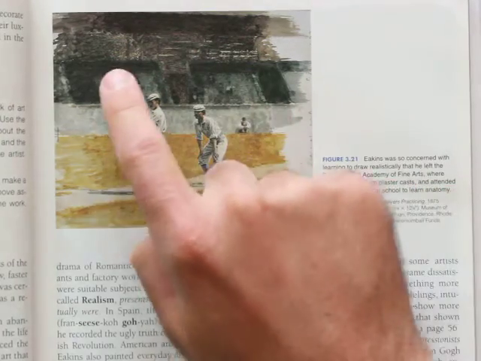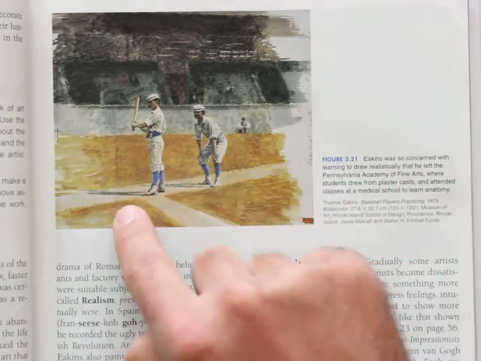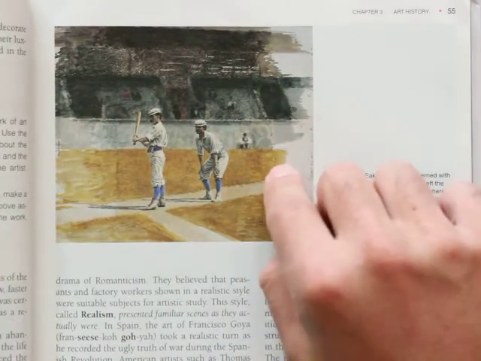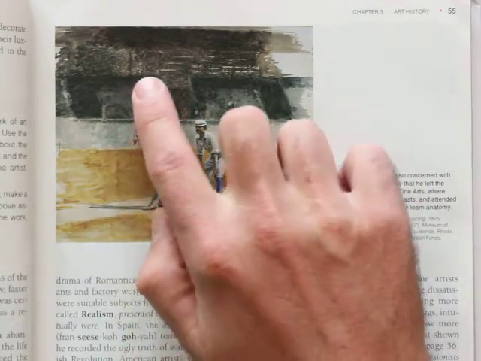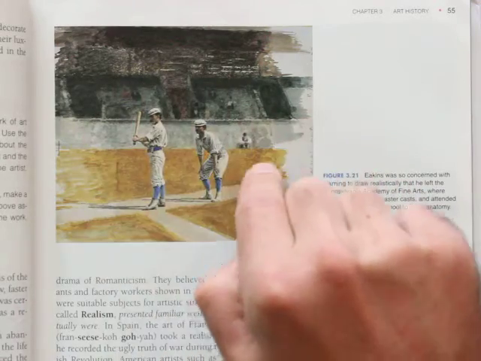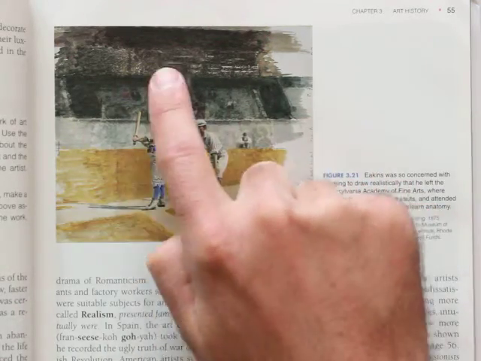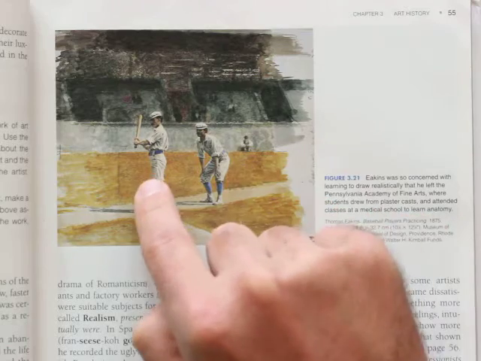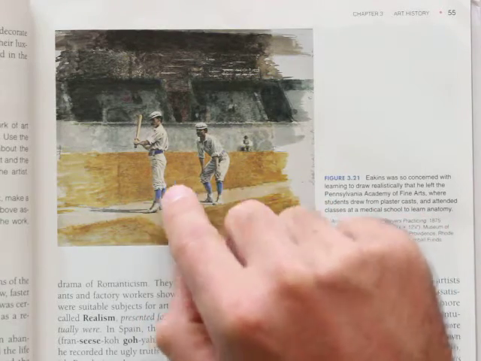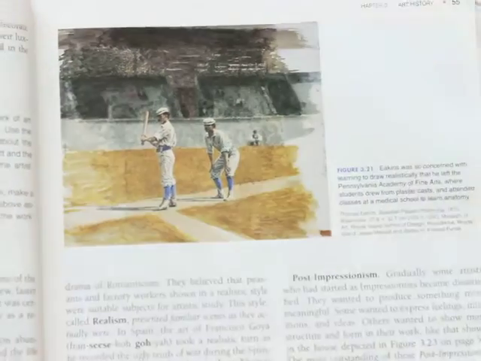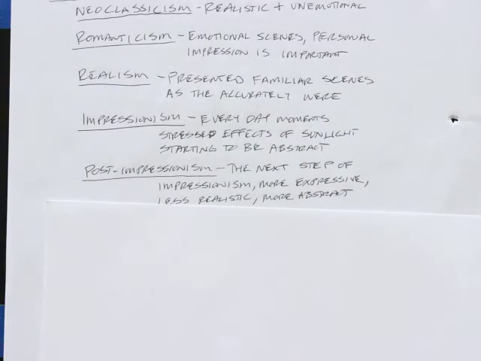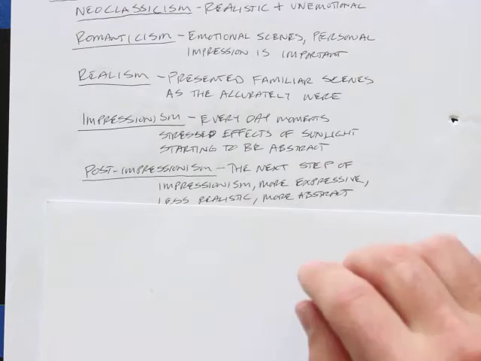But you can see in the background and on the sides how washed out and how unimportant those details are. So this would be a more impressionistic type of background and a more realistic type of foreground and in the middle. So that one kind of straddles a couple different styles as well.